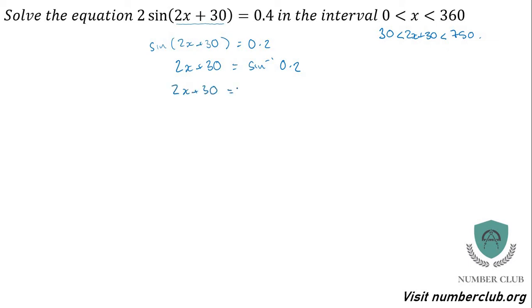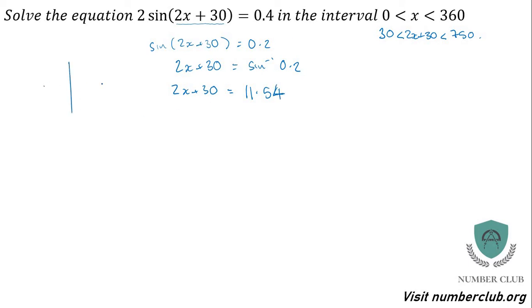So 2x plus 30 equals inverse sine of 0.2, which comes out as 11.54. Now actually that happens to be not a suitable candidate, but we need to use it for our CAST and then cancel it out later.